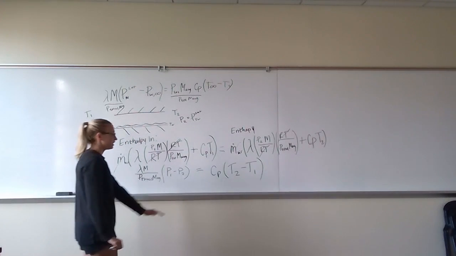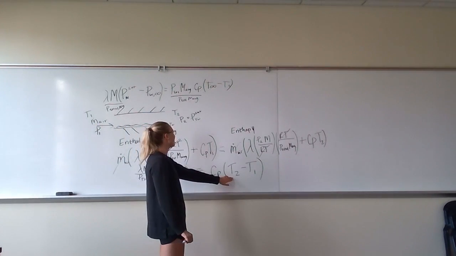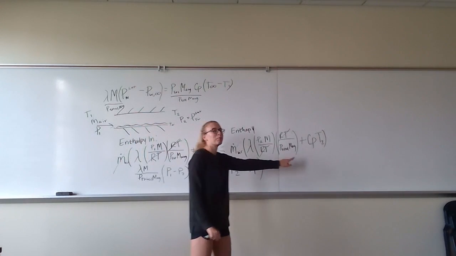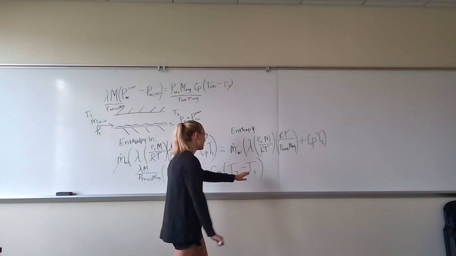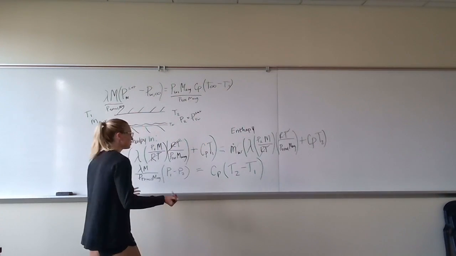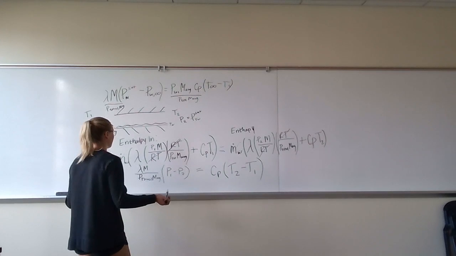And then over here, T2 is analogous to the saturation temperature of the water, which is the wet bulb thermometer reading, and T1 would be analogous to the dry bulb thermometer reading.